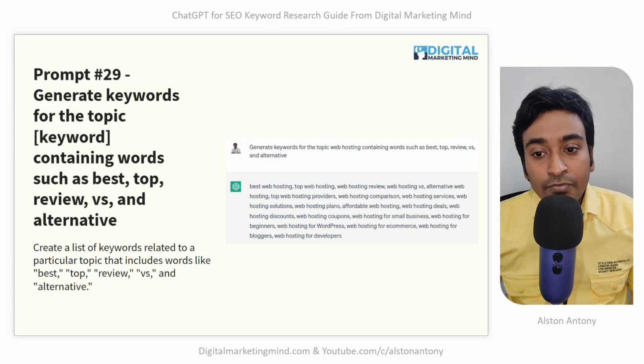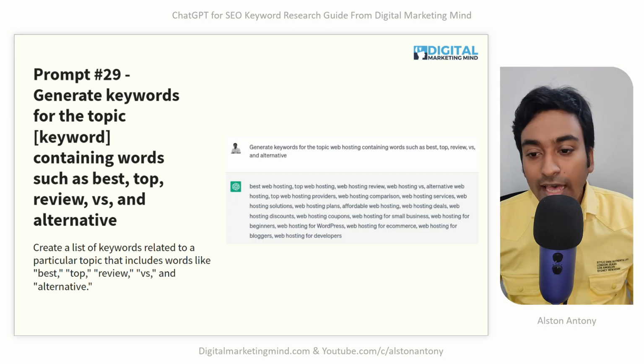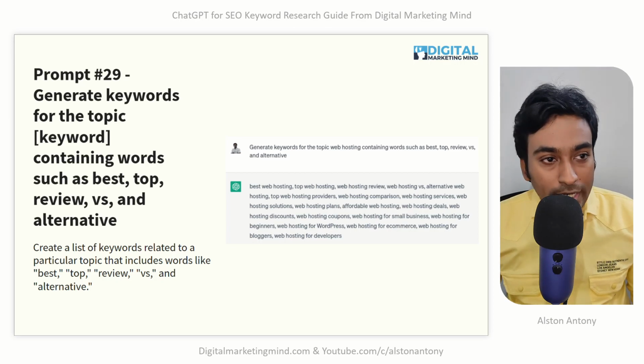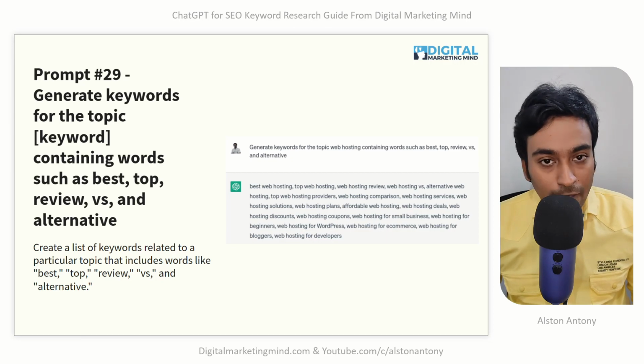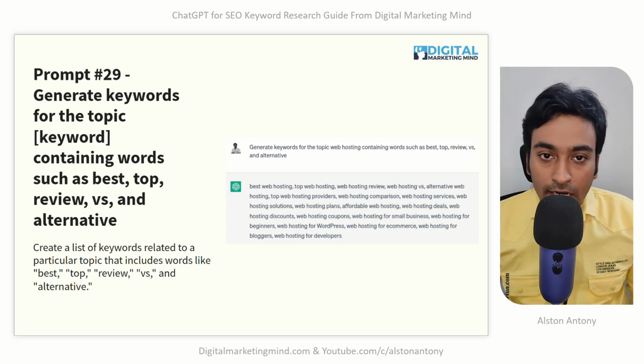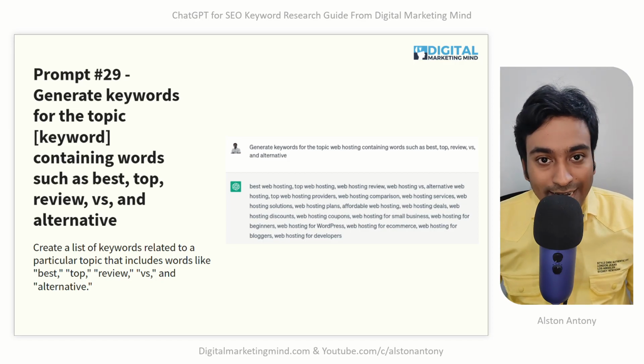Prompt 29: generate keywords for the topic containing words such as best, top, review, versus, alternative. These words are not limited to the ones I have provided here. You can use any words you want. I just wanted to show you an example. The reason I use these particular keywords is that in affiliate marketing, if you are creating any content, these types of keywords tend to convert really well when you are trying to reach your target audience or creating informational guides.